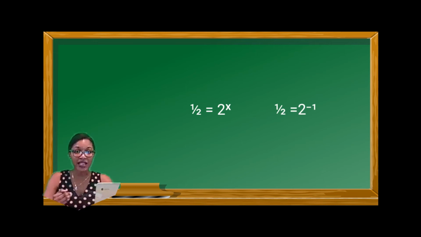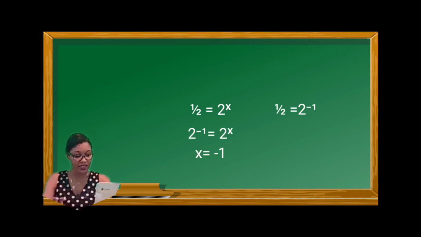We can rewrite a half, using the laws of indices, as 2 to the power negative 1, which is equal to 2 to the power x. So x is equal to negative 1. We don't solve for y equal to negative 3. That is not an answer because it's a negative value. So therefore x is equal to negative 1.